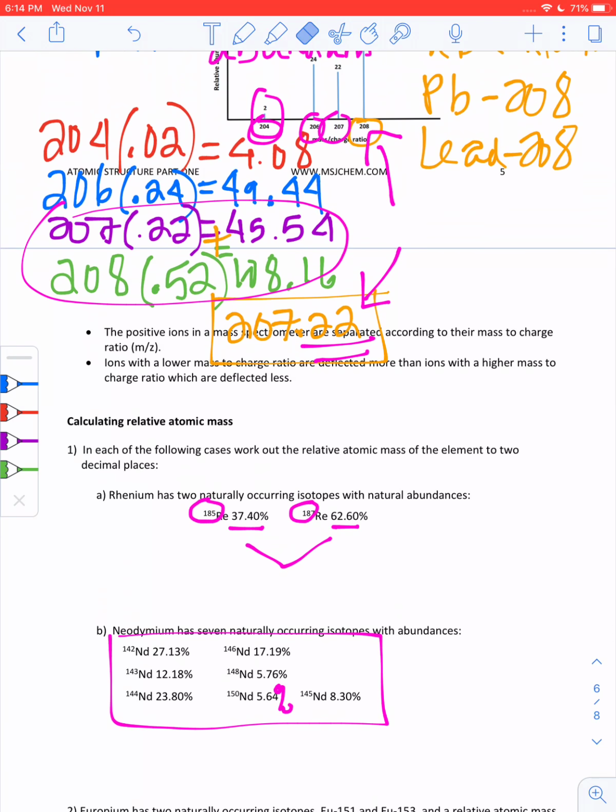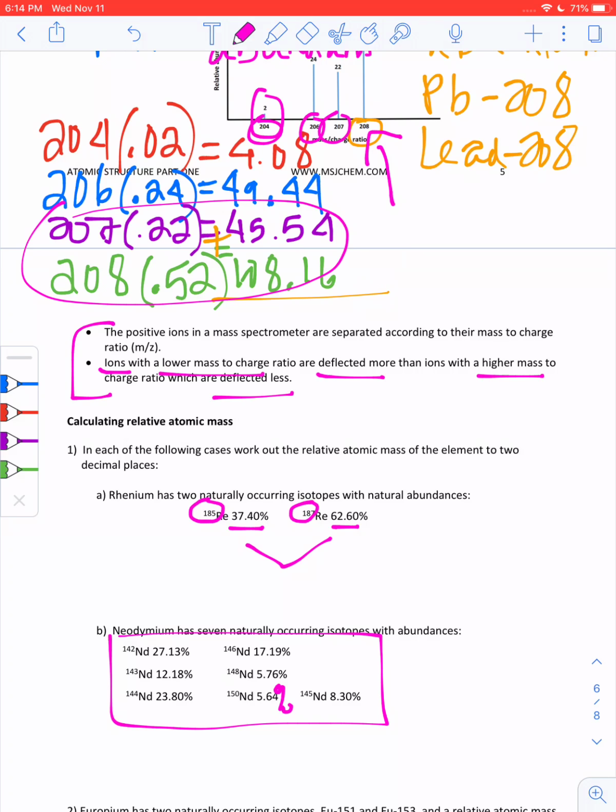The last couple of things on here right above where this practice starts, just to go over really quick, is that, like it says here, and this is what I summarized earlier, that our ions that have lower mass to charge ratio are deflected more. So the smaller ions, the smaller atoms, they deflect more. The ions that have higher mass, they're going to deflect less.